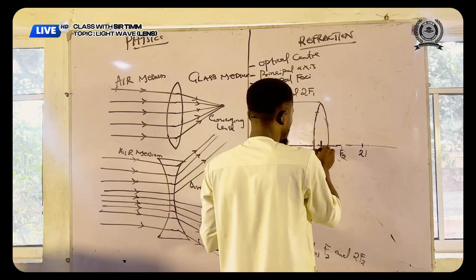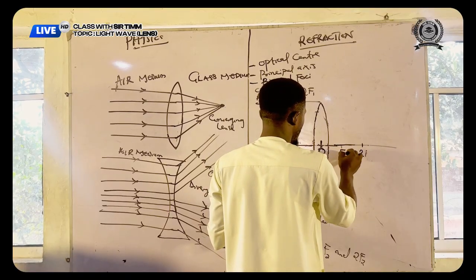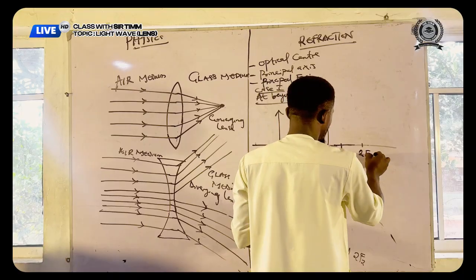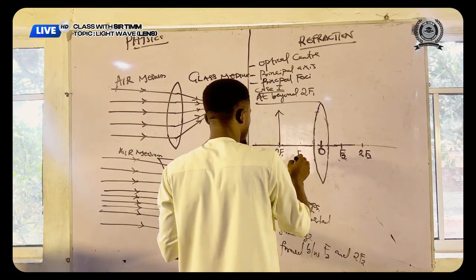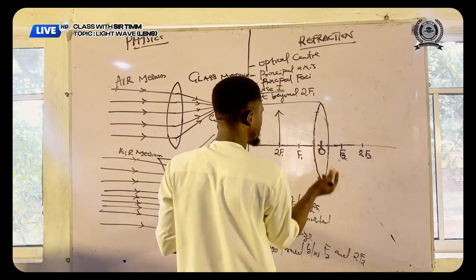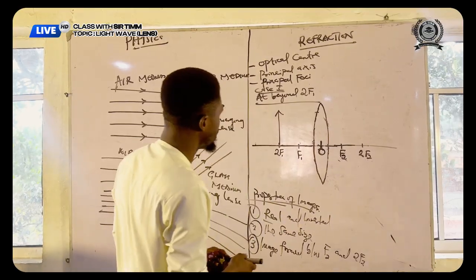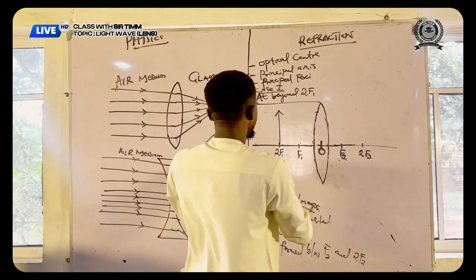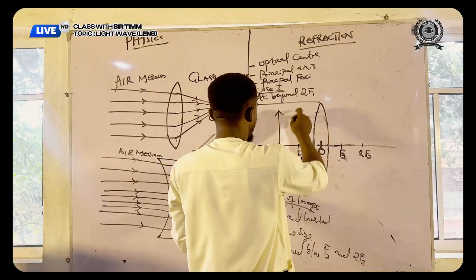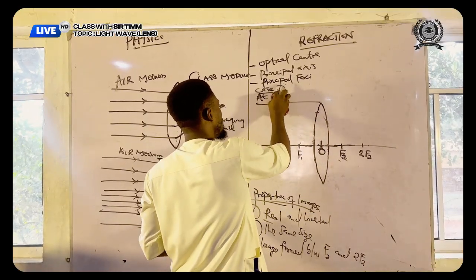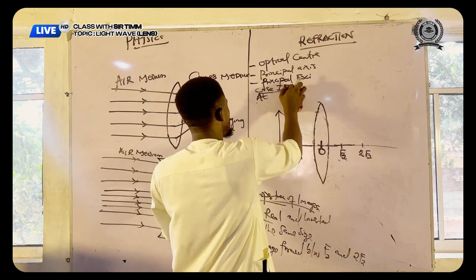Okay, here is our optical center. Here is our F2. Here is our 2F2. Here is our F1. You see, this one is not in line, but we're going to leave it like that. Now look at the board. So at 2F1 now, that is case 2.